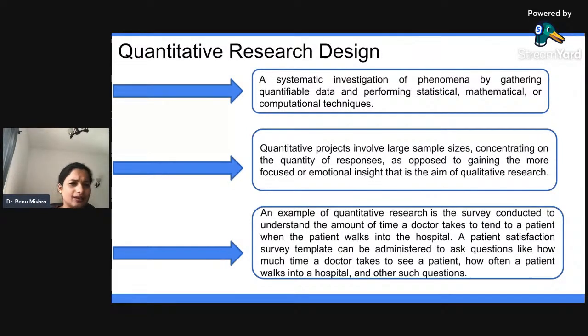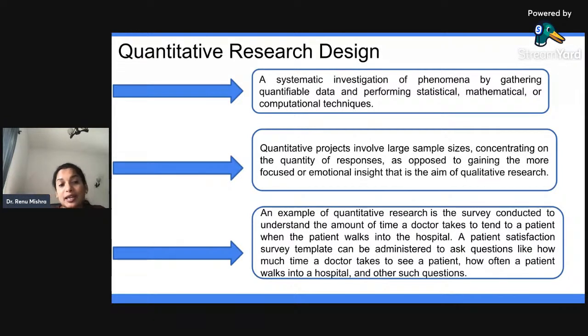These are very frequent kinds of questions, like how often you go to a mall, or which brand you prefer to buy. Now, which brand you prefer to buy comes under quantitative. Why you prefer to buy comes under qualitative. I'll tell you why later.